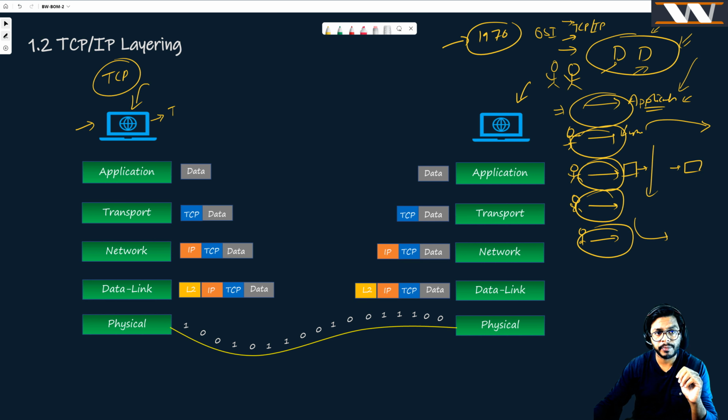It means that computer is having TCP/IP. It doesn't matter whether this computer is your mobile phone, your laptop, your personal computer, or anything which is talking on the internet, it is using TCP/IP. And if it is using TCP/IP, we are talking about these layers.